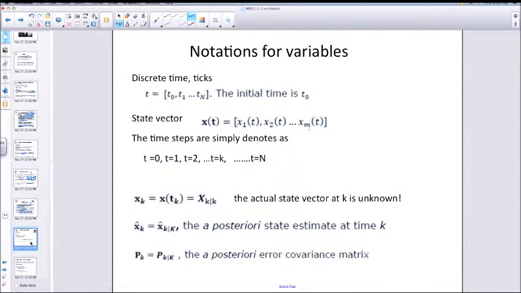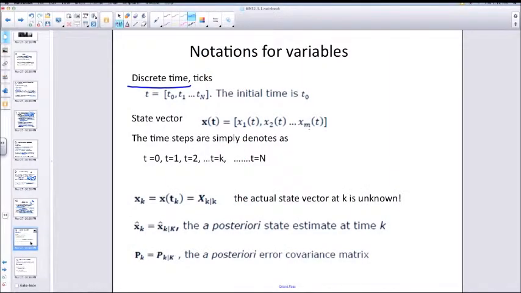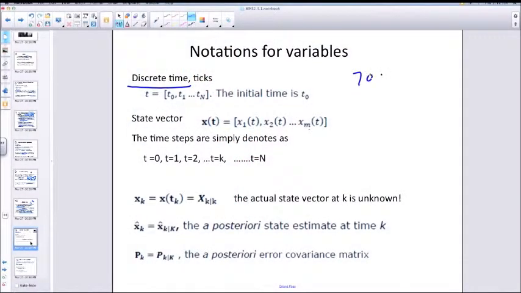First, you understand what we are dealing with is a discrete time model. That means we only observe like every 100 milliseconds or every 1 second, depends. A GPS, you need to get the signal back and forth like 70 milliseconds.